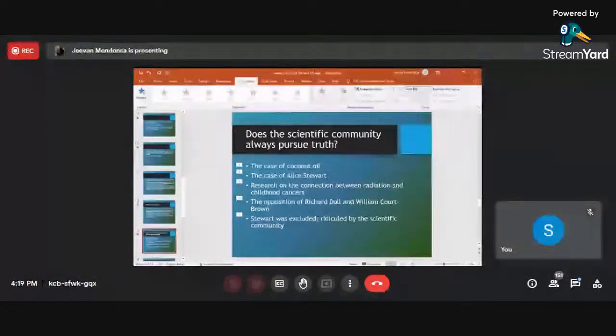As a real fantastic, astute researcher, she saw that there was a problem of childhood cancer. Many children were having cancer, blood cancer. And she was trying to see what could be the reason. And she found out that there is a connection between radiation and childhood cancers.